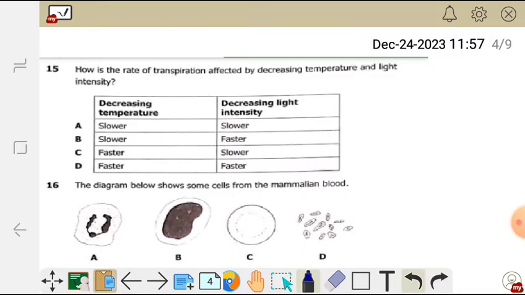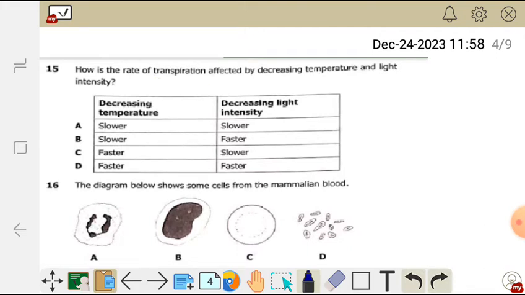Question 15. How is the rate of transpiration affected by decreasing temperature and light intensity? Transpiration is simply the loss of water vapor by the leaves.